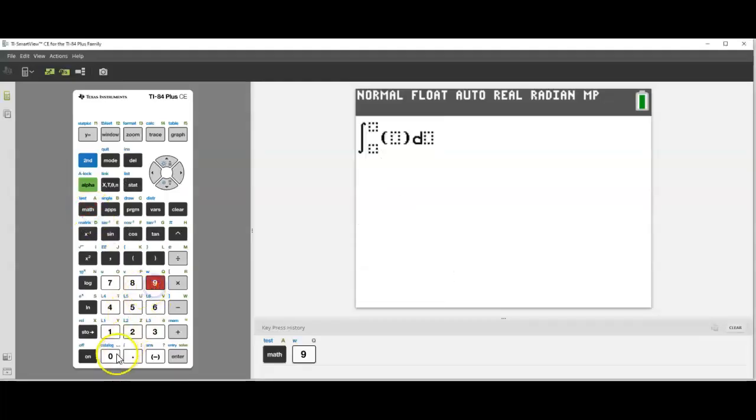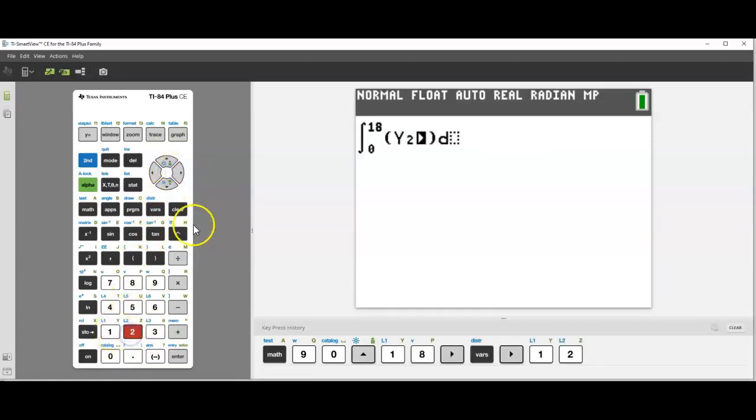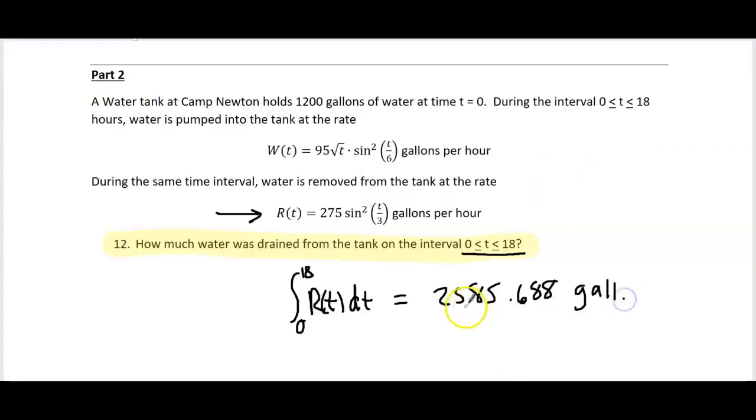Math, 9, 0 to 18, with the rate out function r, which I've stored under y2. And that would be 2,585.668 gallons. And there you guys have it. So that's the answer to number 12.